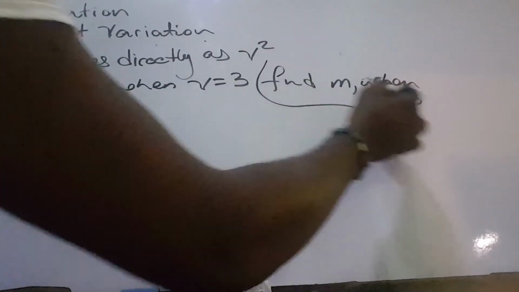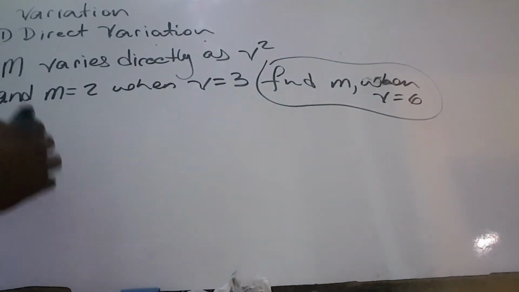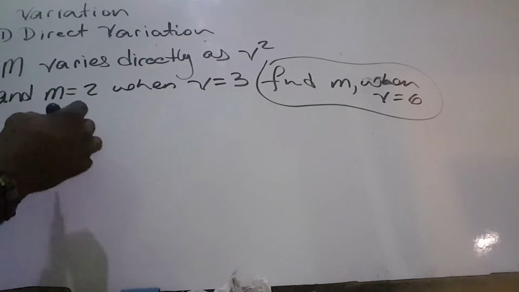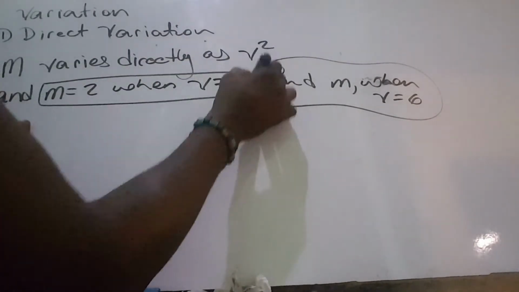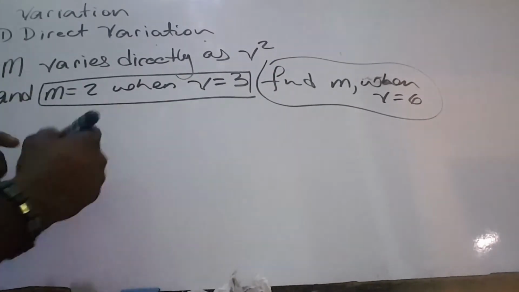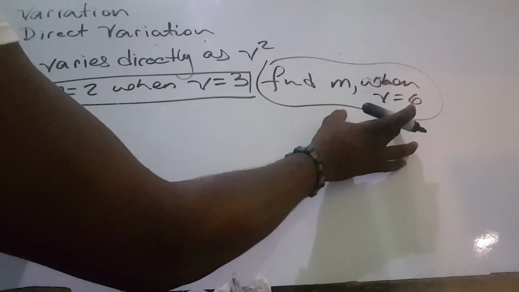So this is the problem that we're about to solve. What I could say to us is that in these variation questions, they will always have to give us something that works. For example, here, that happened already, and we'll be able to use this to find the constant, and then use the constant to solve the problem.